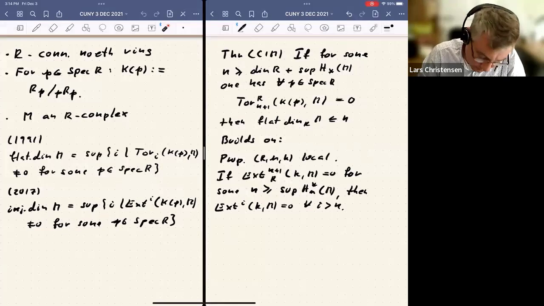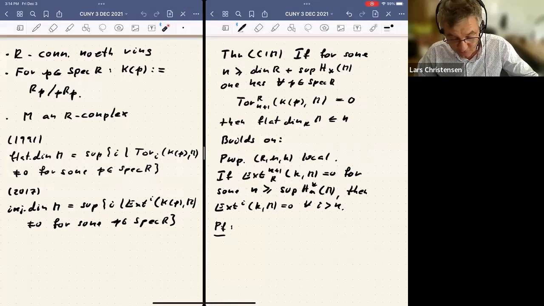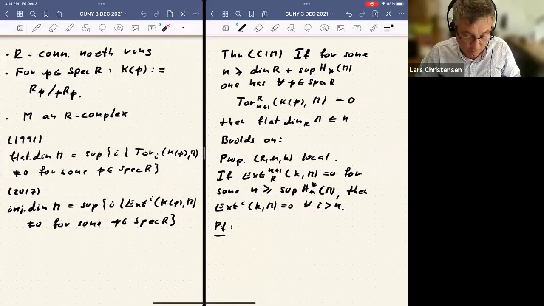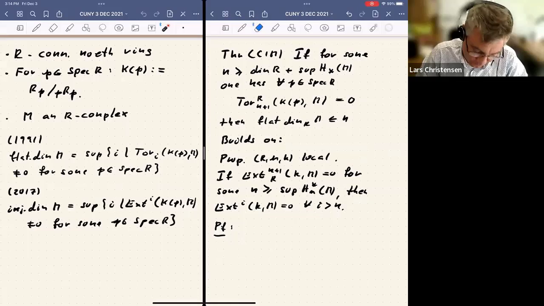And the proof of it goes as follows. So first of all, this is a statement about vanishing of cohomology, so I need to turn homology into cohomology.